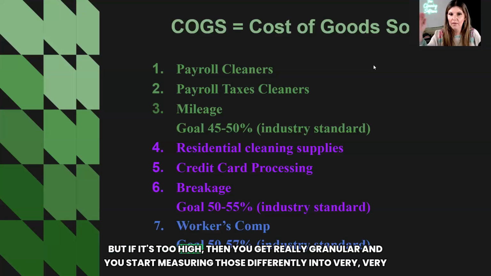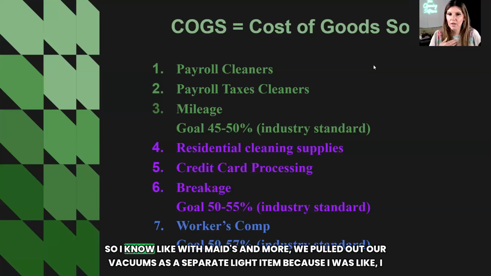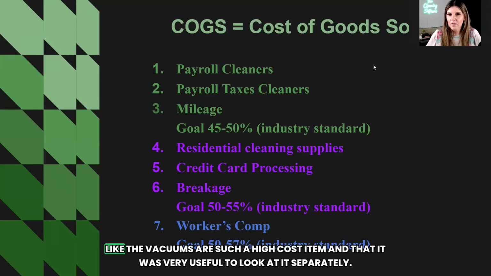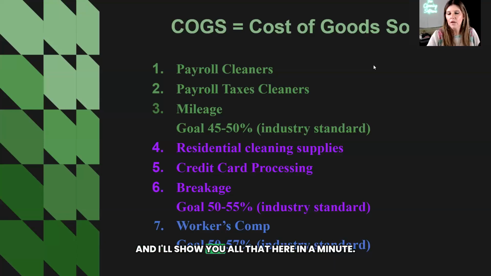With Maids and Moore, we pulled out our vacuums as a separate line item because they are such a high cost item, and it was very useful to look at it separately. And I'll show y'all that here in a minute.